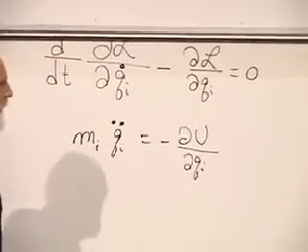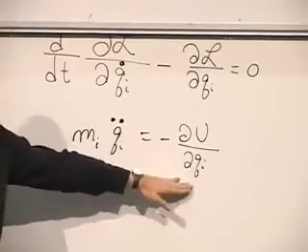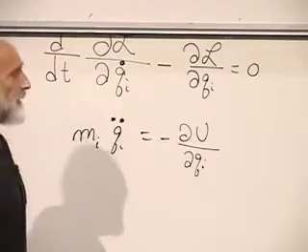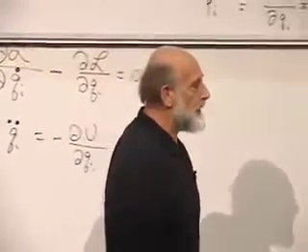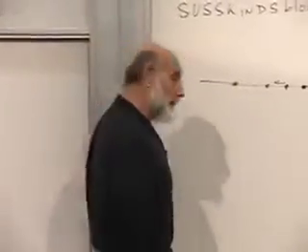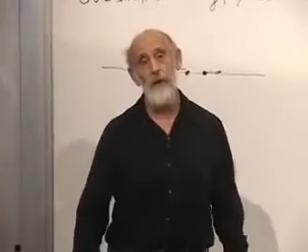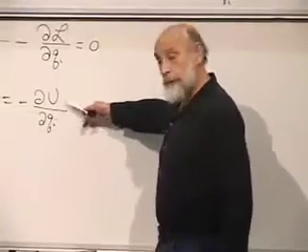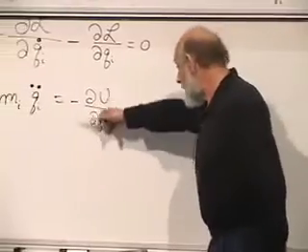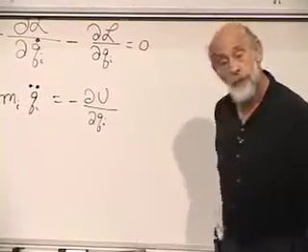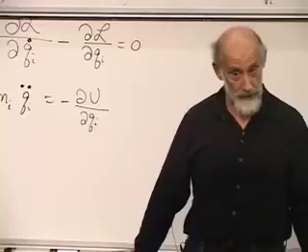This, of course, is just the force on the ith particle. The gradient of the potential energy with respect to position, or minus it to be more precise, is the force on the ith particle. For our purposes, we'll just define this to be the force. Notice it depends on position, it does not depend on velocity.